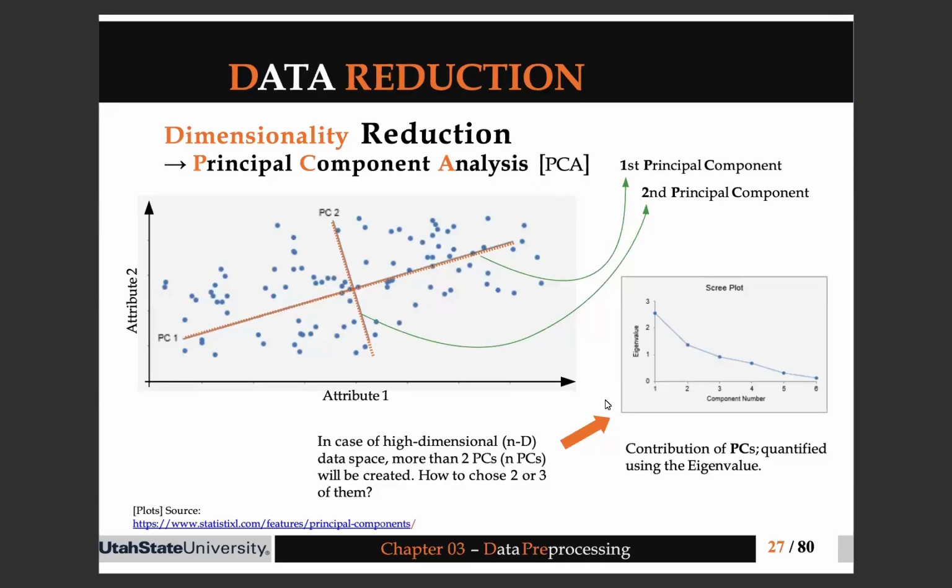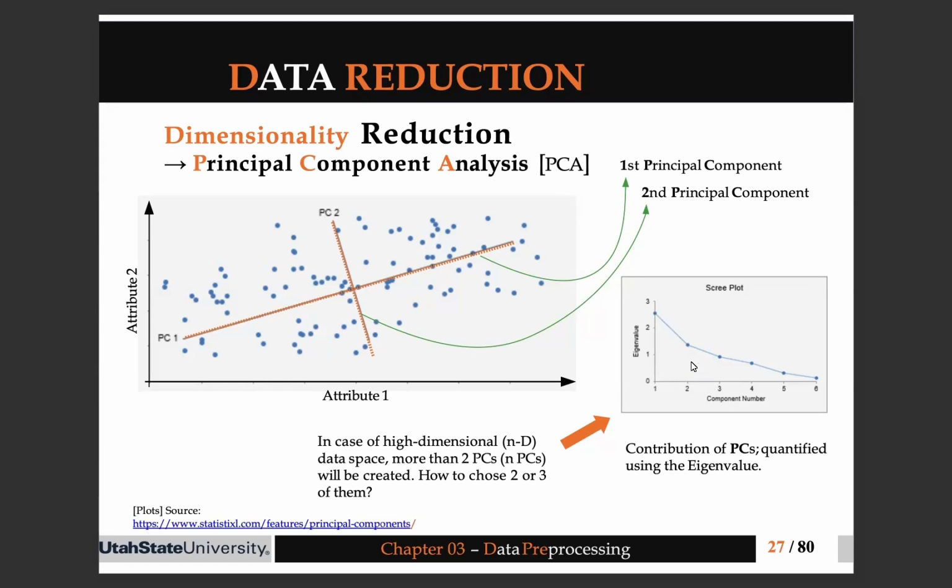So each principal component contributes some amount of information, and that contribution itself is quantified using the eigenvalues. Eigenvalues are the second important concept that we're going to talk about today. On the right-hand side in this plot, you could see the different eigenvalues coupled with each principal component. The first principal component will always carry the highest eigenvalue, which is around 2.5 here.